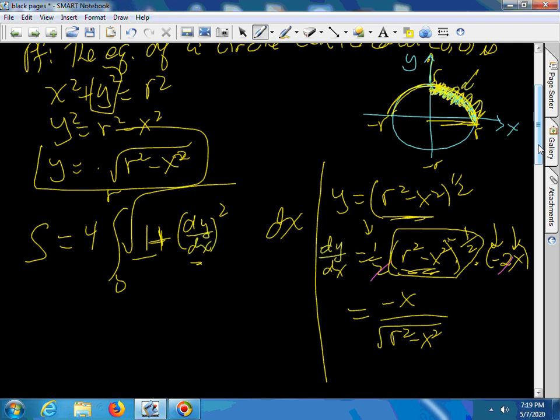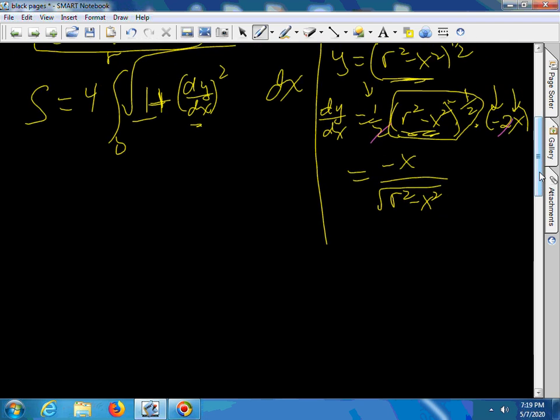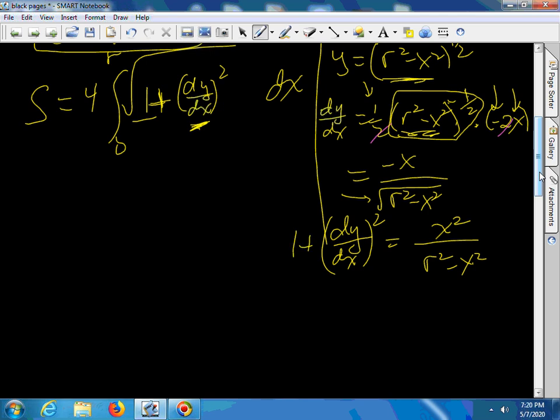That is a square root. Now, if I square that, because that's what I need in my formula, I get negative x squared, which is x squared, and the square root of r squared minus x squared squared is just r squared minus x squared. But I don't even want that, ultimately. I want 1 plus that.